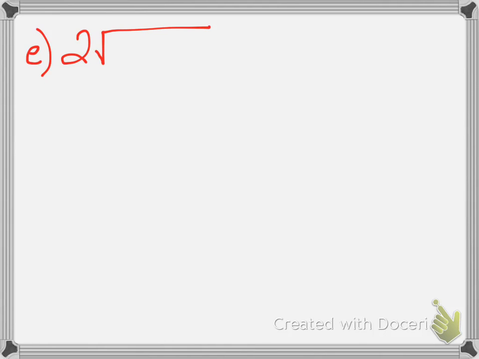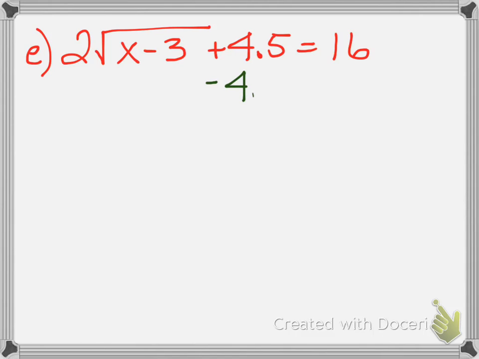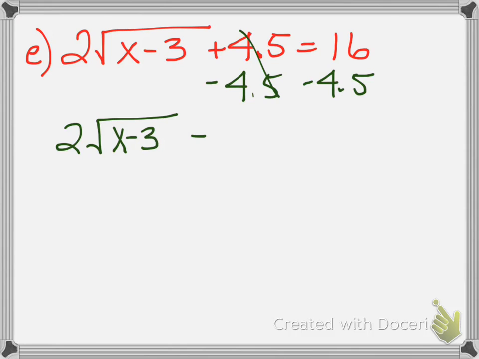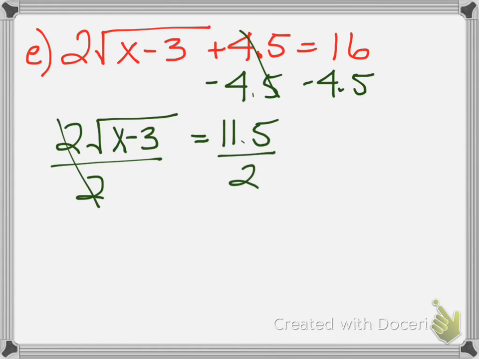E, 2 times the square root of x minus 3, plus 4.5, equals 16. Using the reverse order of operations here, I'm going to switch up a color. I subtract the 4.5 from both sides because that's outside my square root. So the 2 times the square root of x minus 3 equals 16 minus 4.5, which is 11.5. Now I also divide out the 2 because that's not part of my square root either. 11.5 divided by 2 is 5.75.